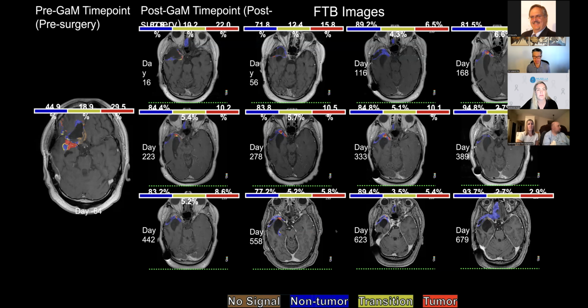Okay, and specific to doing these FTB maps, if patients try to access this, is that something that would be covered by insurance? And if not, how expensive is it? So that's a good point. There is an additional charge related to the perfusion and the analysis.